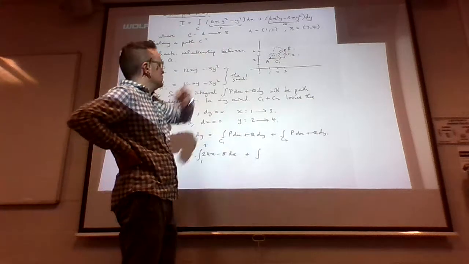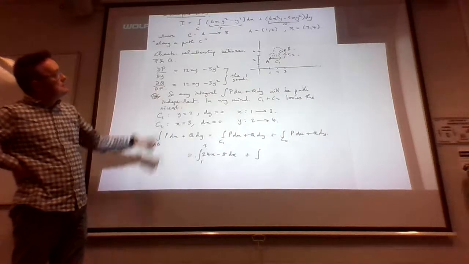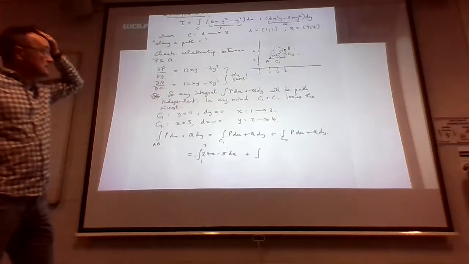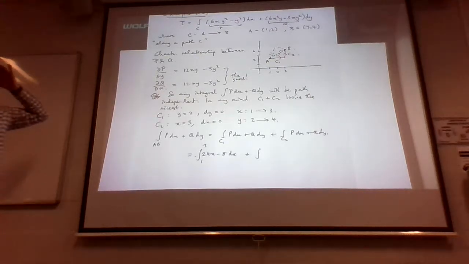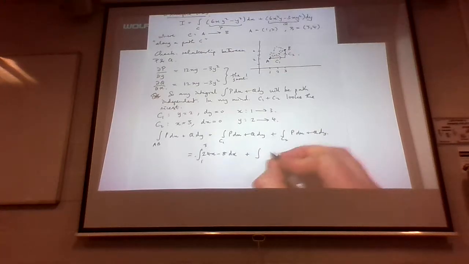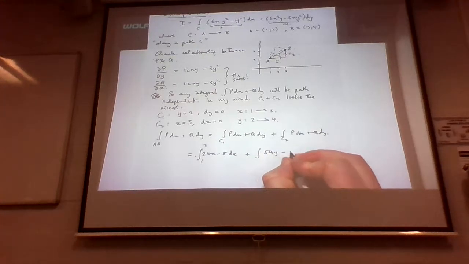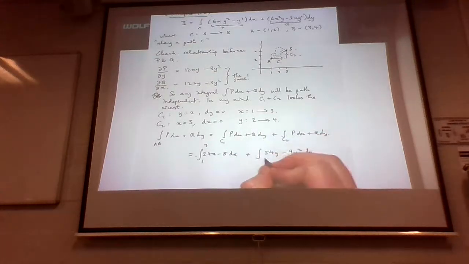So I only have the q dy, and inside the q dy, x is going to be held at constant 3. It's going to be 6 by 9, 54y minus 9y squared dy, and y is proceeding from 2 up to 4.